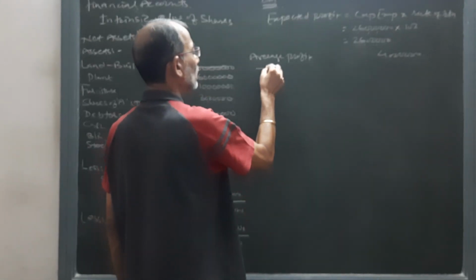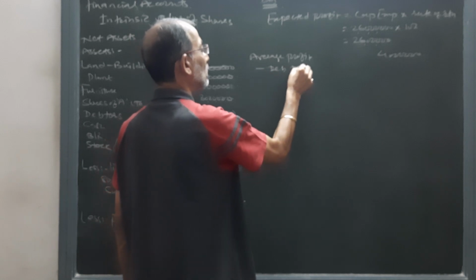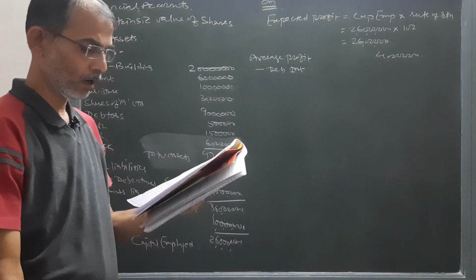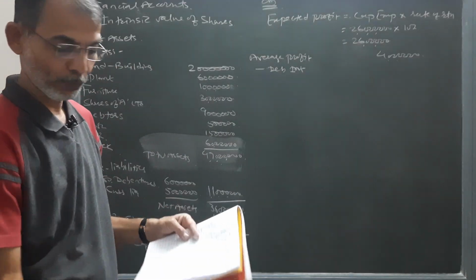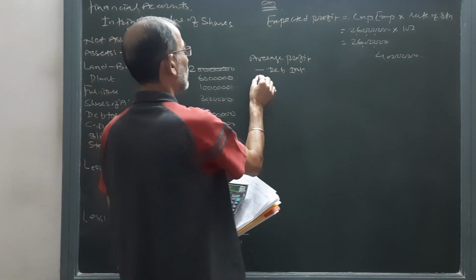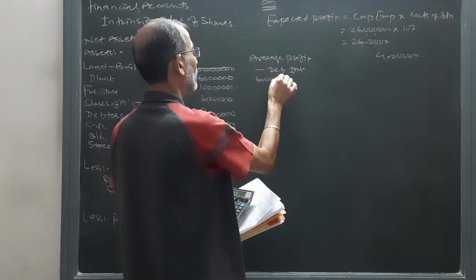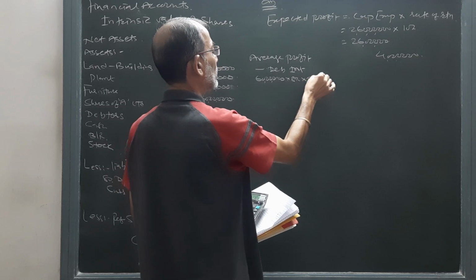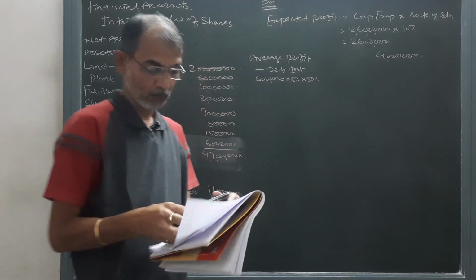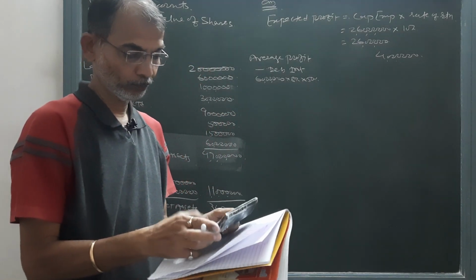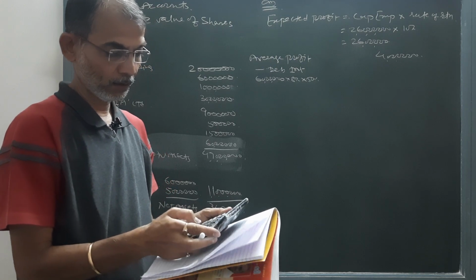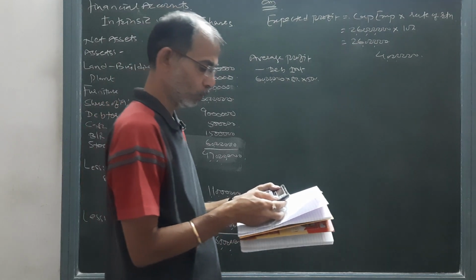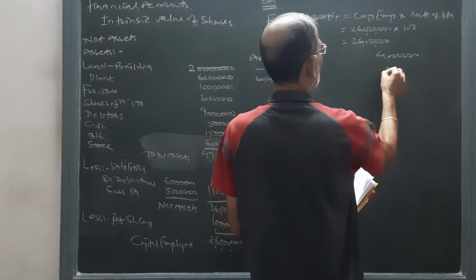From that debenture interest will be subtracted. Debentures are of 60 lakh at 8%, and 50% of that, because tax will be subtracted, that is 2,40,000.